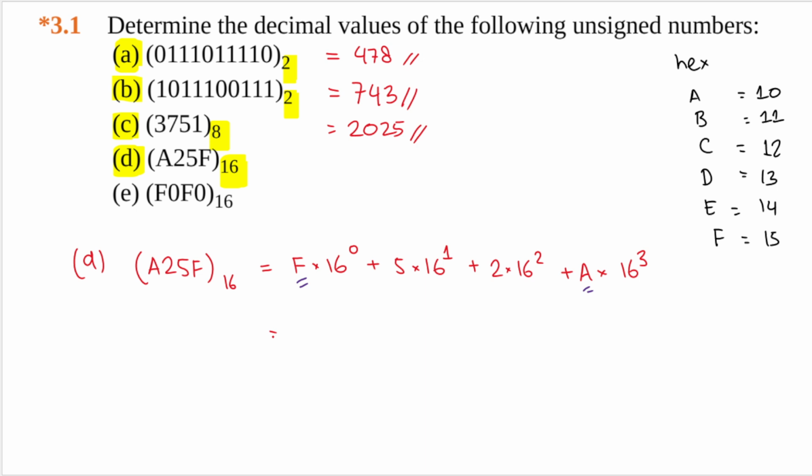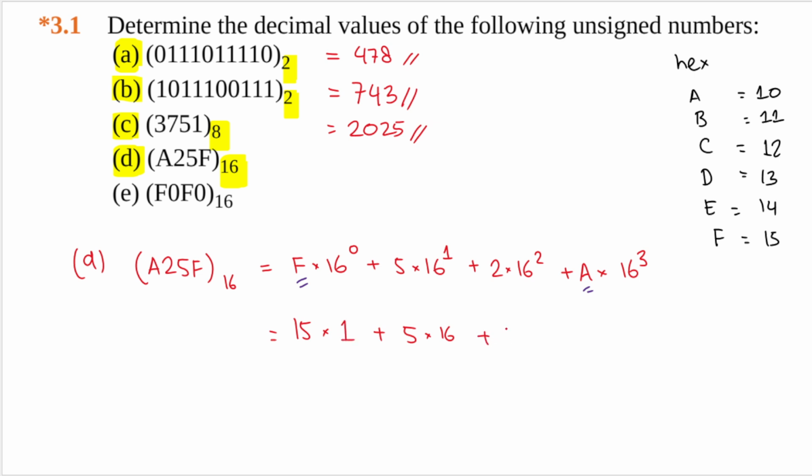Let's do exactly that. F is 15, so 15 multiplied by 16 to the 0. Oh, no. 16 to the 0 is 1. So we will have 1 here.